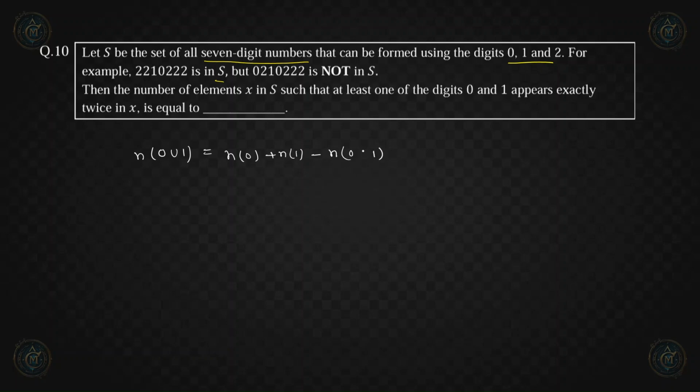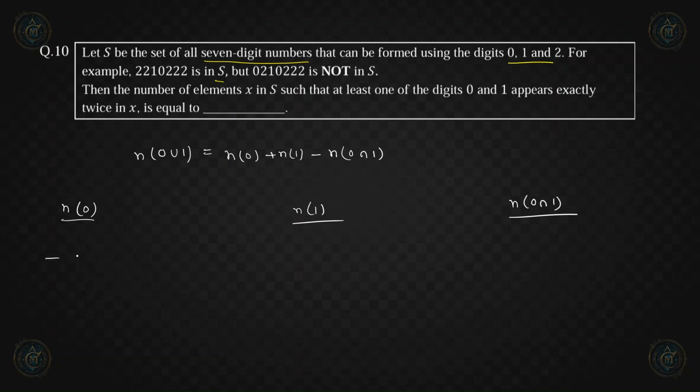So n of 0 indicates the number of numbers where 0 exactly appears twice, and n of 1 denotes the number of numbers where 1 exactly appears twice, right? And n of 0 and 1 indicates the total number of numbers where 0 exactly appears twice as well as 1 exactly appears twice. So let us count this n of 0, n of 1 and n of 0 and 1, so that we can calculate this.